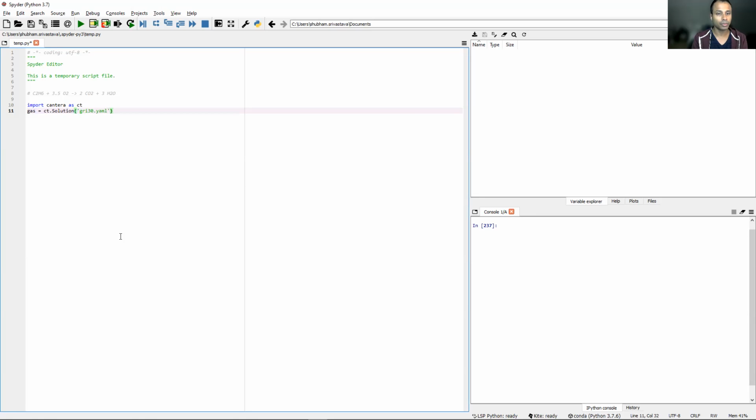All right, now let's go ahead and set the state of the gas to the reactants. So we will say gas.TPX equals standard conditions, right?